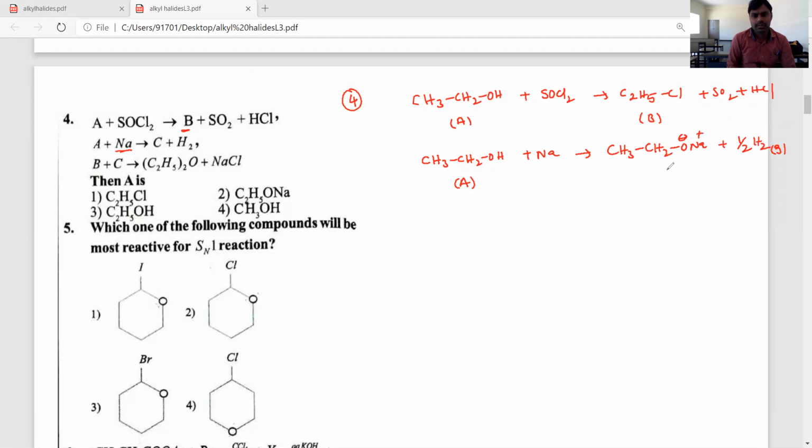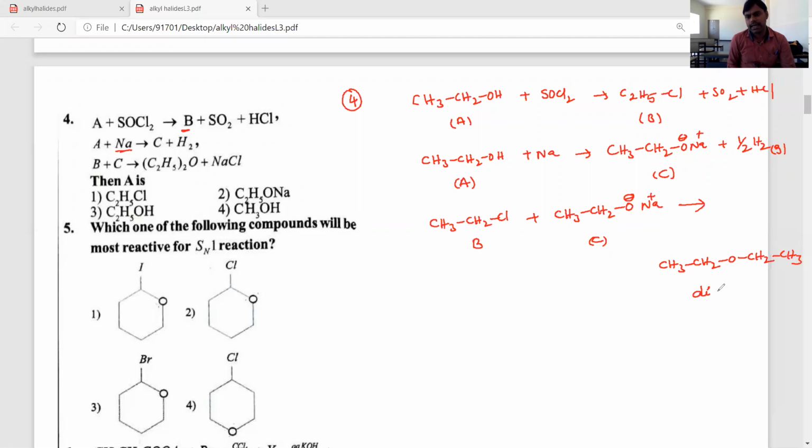This is the C product. Now B and C react: CH3CH2Cl plus CH3CH2ONa. The final product is diethyl ether, CH3-CH2-O-CH2-CH3.